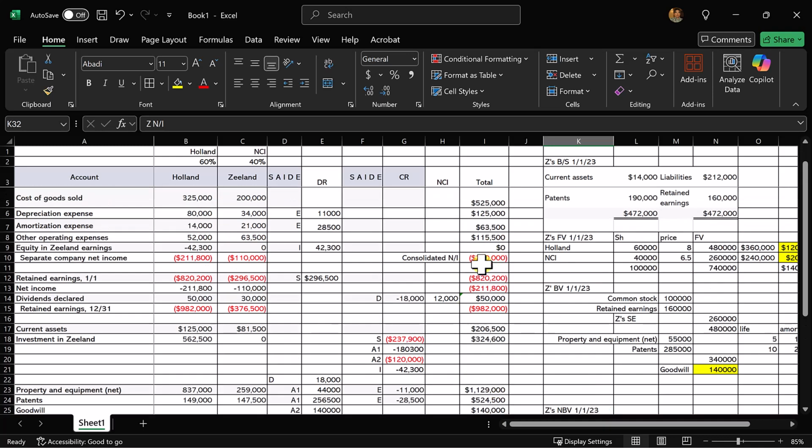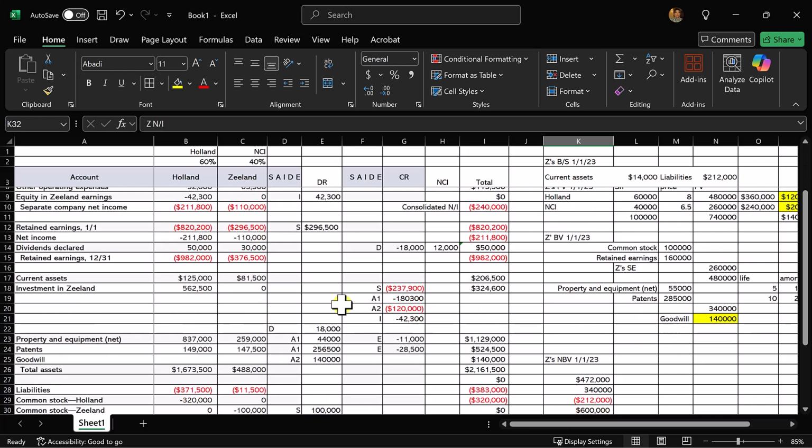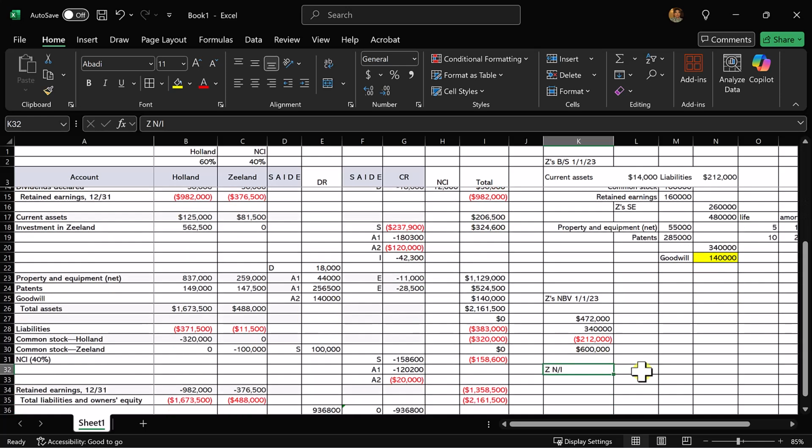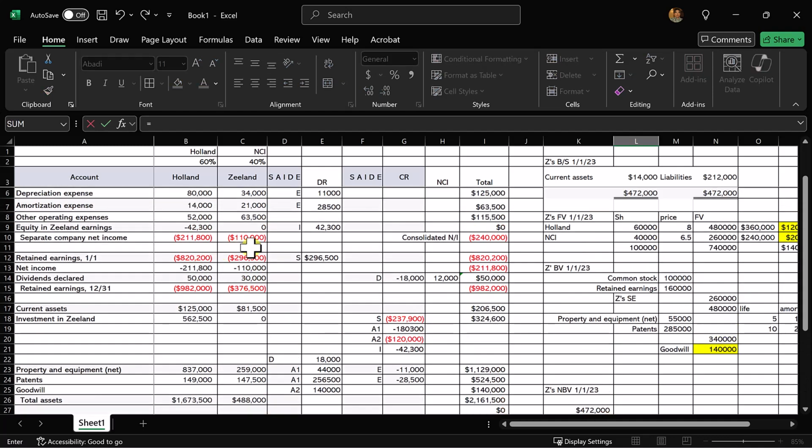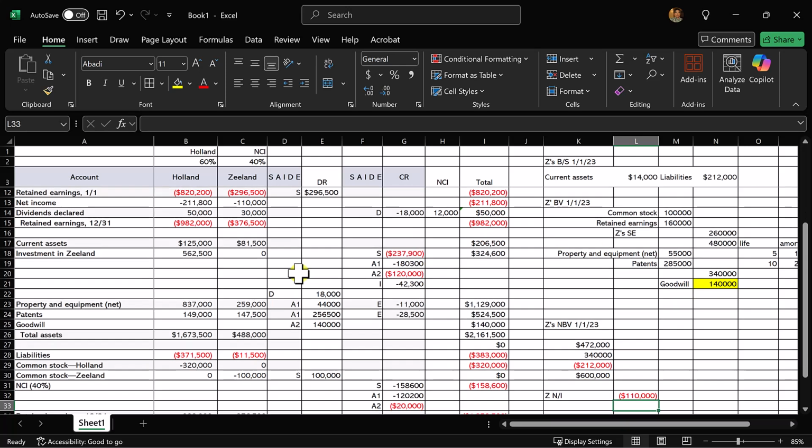Not 40% of the consolidated total, yeah? 40% of this, of Zealand, goes to the non-controlling interest. So let me grab that net income. I think it's a negative, yeah? And it's 40% of this.